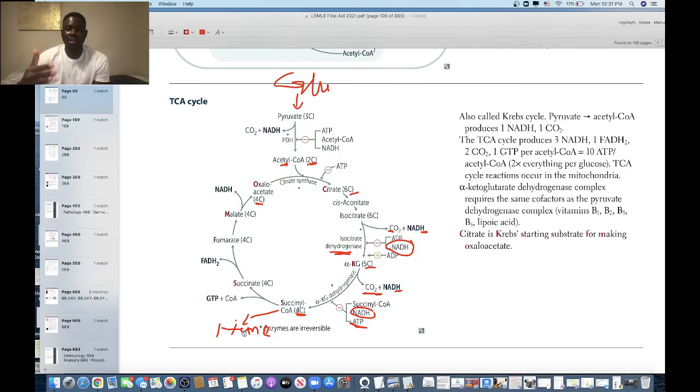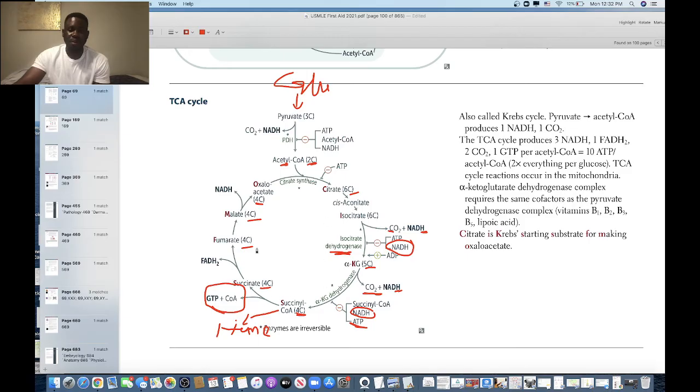So now you appreciate that glucose here can be used to make something here to form heme. So this succinyl-CoA can also be converted into succinate, and then we get a GTP from here. This GTP is very important. It's used in nucleotide synthesis. Now, succinate, which is still 4 carbons, can be used to make fumarate, which is still 4 carbons, fumarate to malate to back to oxaloacetate, and the cycle continues.